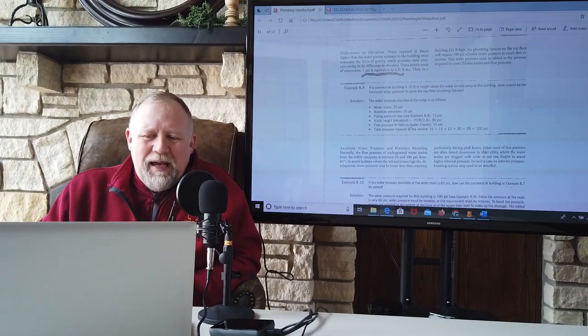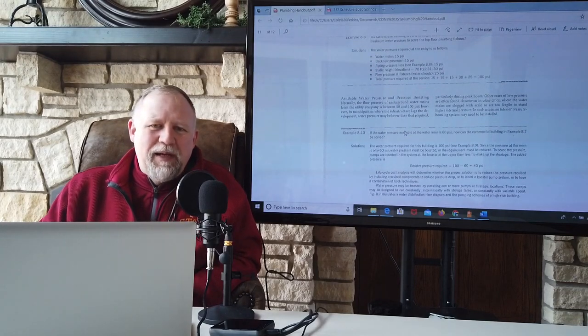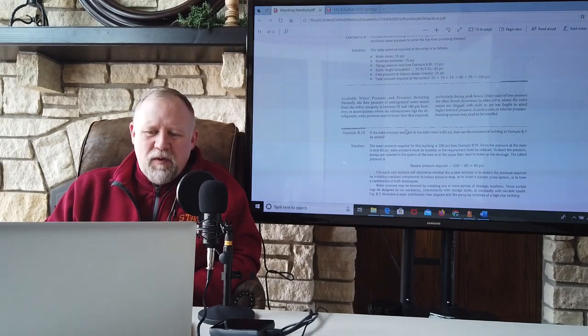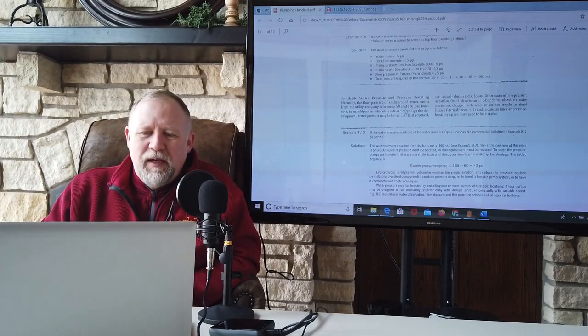For the exam, use 25 psi for the water closet. All right, use 25 psi. In reality, it'd be nice to use 30 psi to make sure that it works, but we can use the 25 psi value in here.